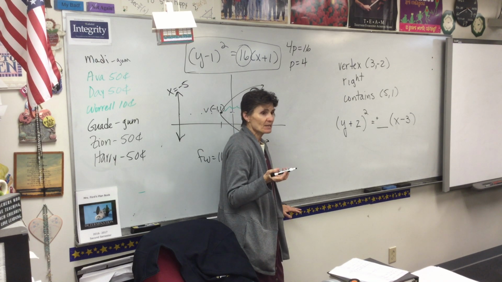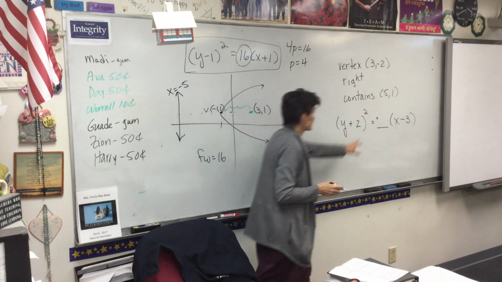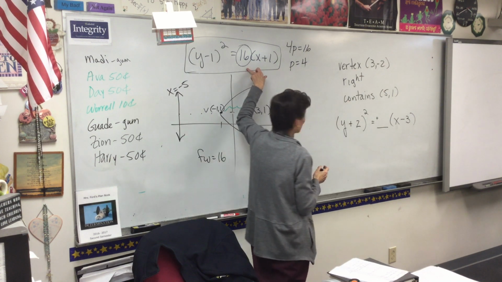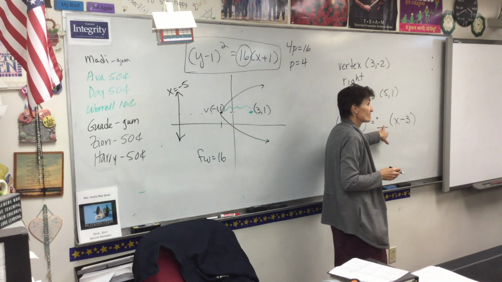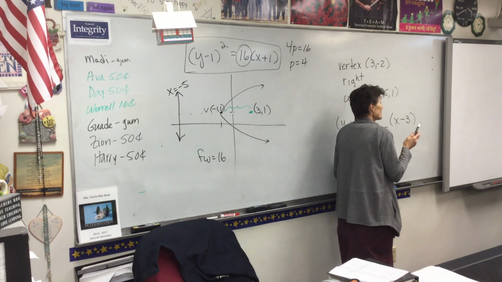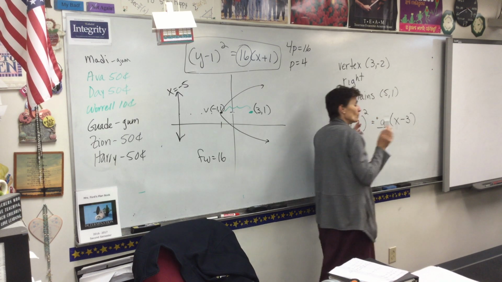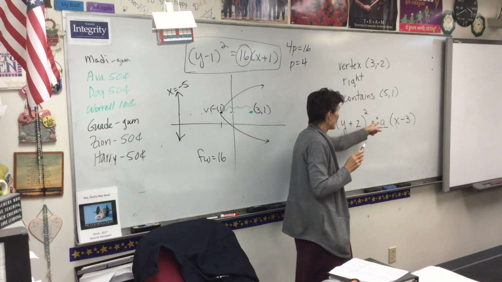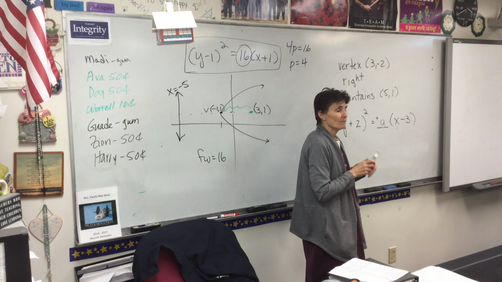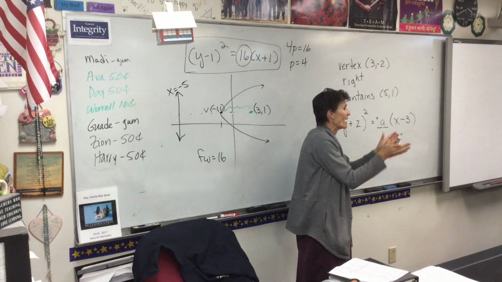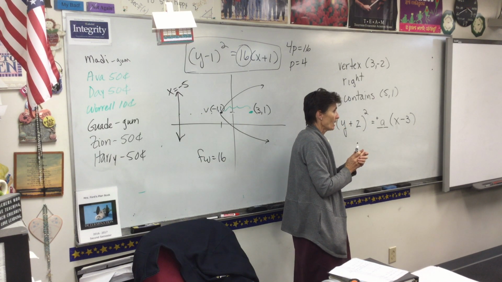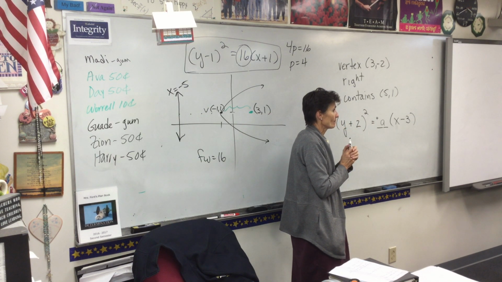Now the only thing I don't know is that number right there. For the time being, I'm just going to call it A. I don't want to call it x because I already have an x. If you want to call it N or something, it doesn't matter. Call it something.